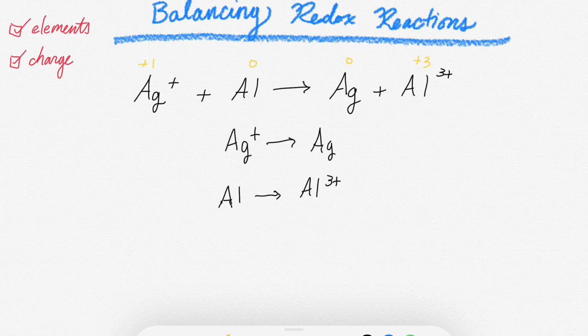And to do that, what we're going to do is balance for charge in our half reactions. So here we go. I'm going to start by noticing that I've got silver going from a +1, and I'm going to rewrite those numbers up top here. So I've got a +1 here, going to a 0 here. How do we go from a +1 to a 0? Well, that must be because silver is gaining a -1. Another way stated, what we need is our charges to balance.